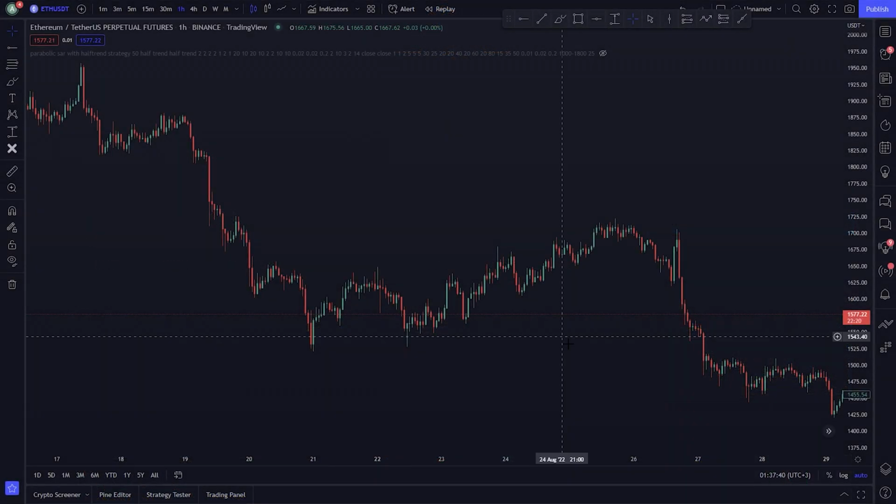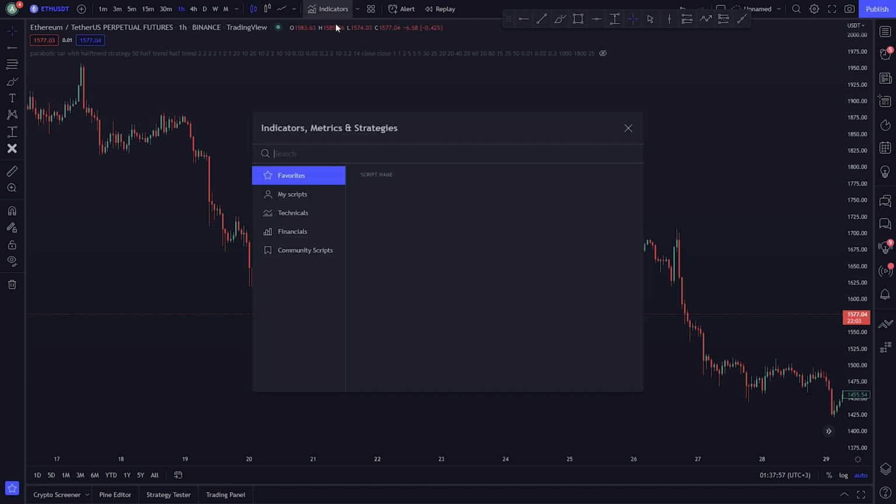This strategy includes 2 free TradingView indicators. Now let's go ahead and add them to our chart. Half Trend.